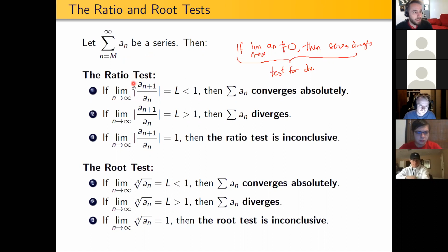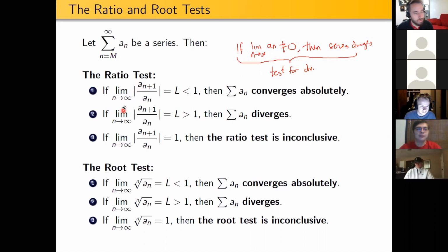If that ratio was less than 1, our series would converge absolutely. If that ratio was bigger than 1, our series would diverge. If that ratio was actually equal to 1, the ratio test is inconclusive. So we'll look at some examples of all of these going forward in a little bit, but this was the ratio test. It involved these ratios of successive terms.